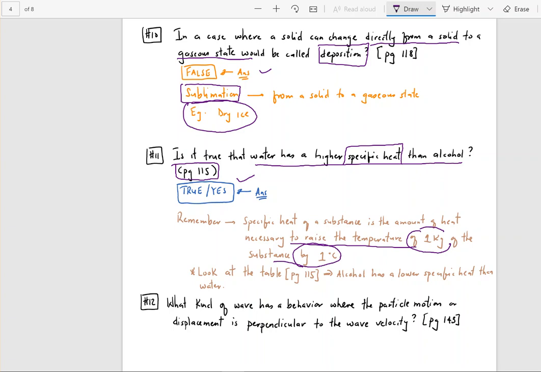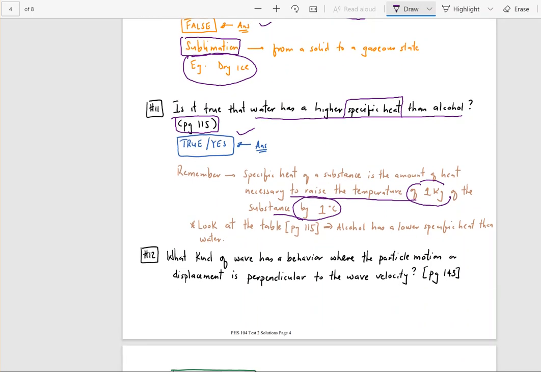That also goes into the molecular structure and how the molecules are bound together.